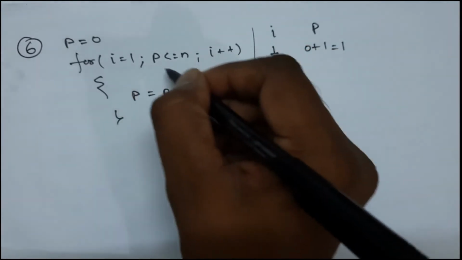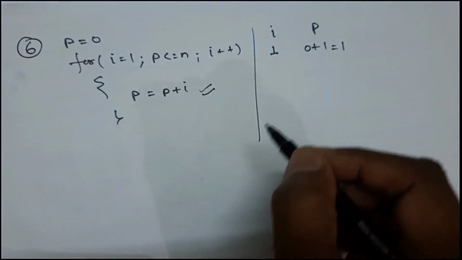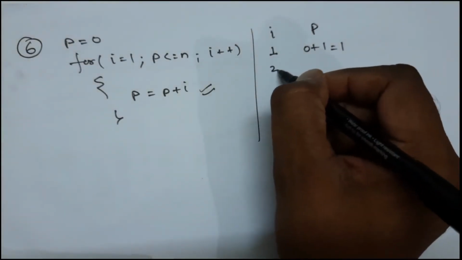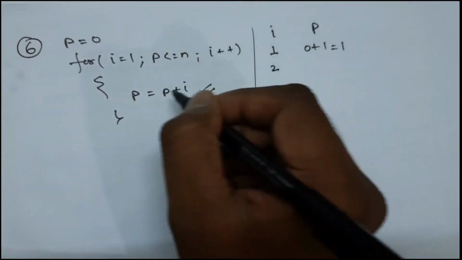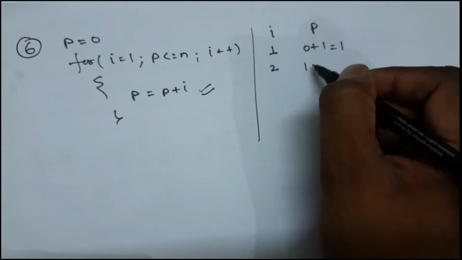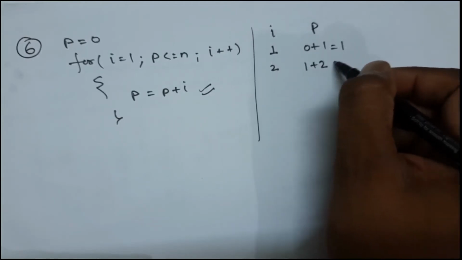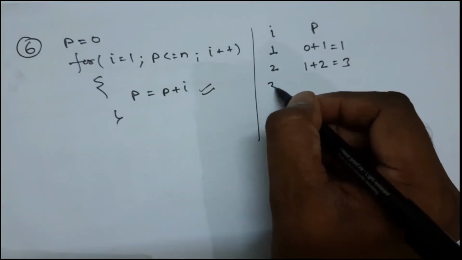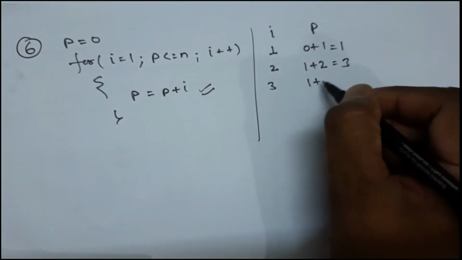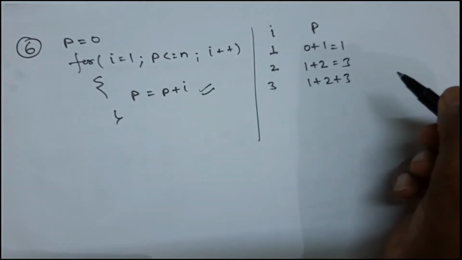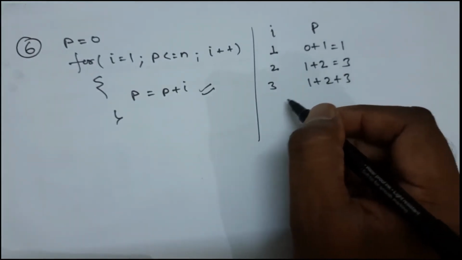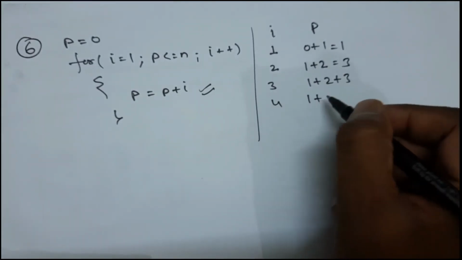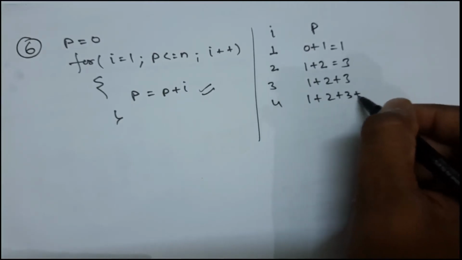The second time the loop executes, the value of i would be 2, so the value of p would be updated to 1 plus 2, which is 3. Next time when i equals 3, it will be 1 plus 2 plus 3. When it is 4, it will be 1 plus 2 plus 3 plus 4.